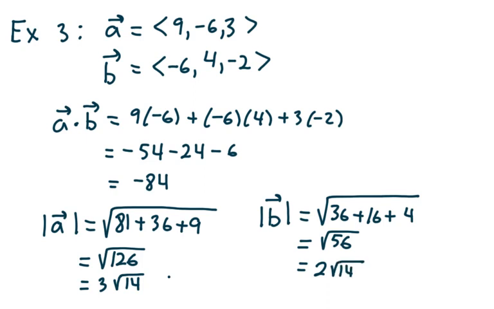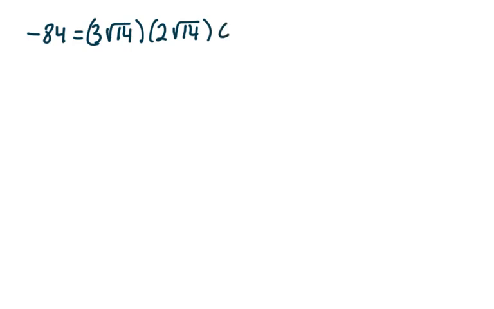So this is a good question, because check this out. We get -84 is equal to 3 square root of 14 times 2 square root of 14 times cosine of theta.